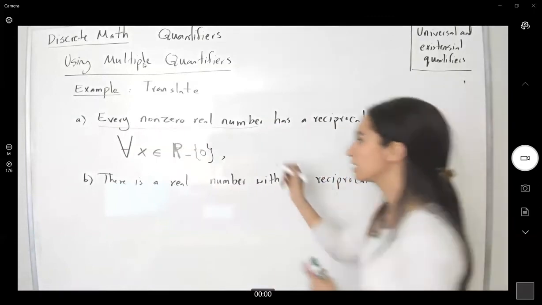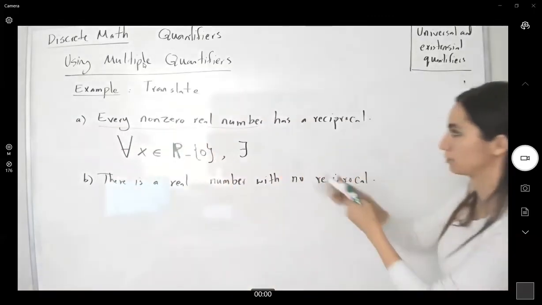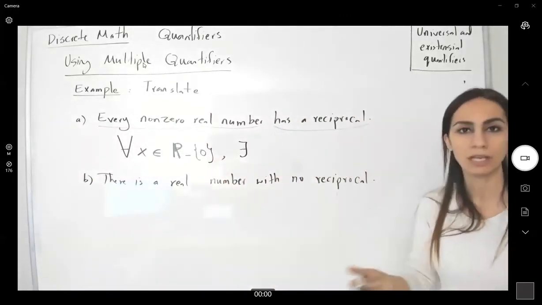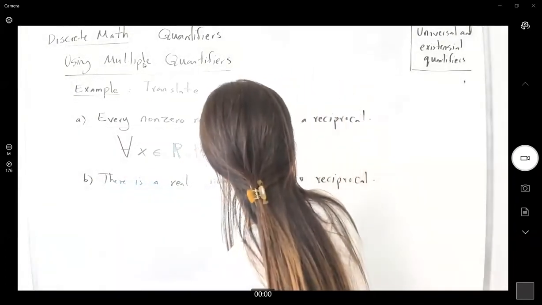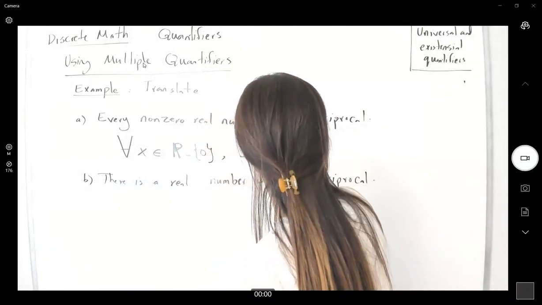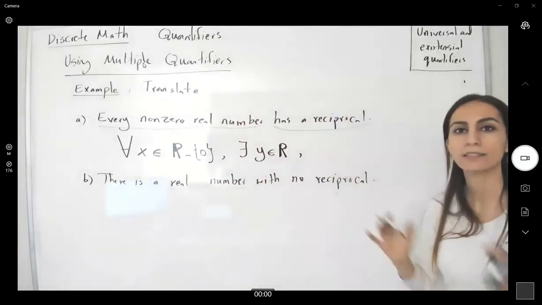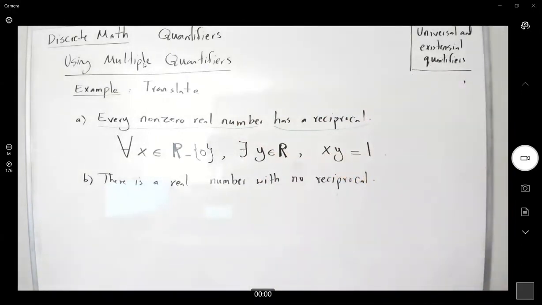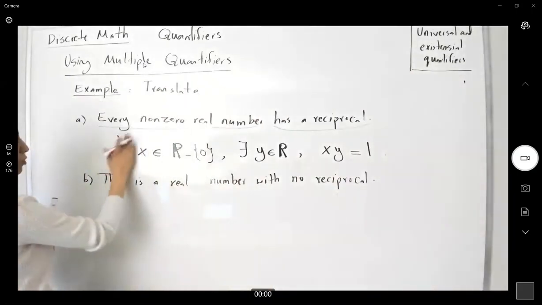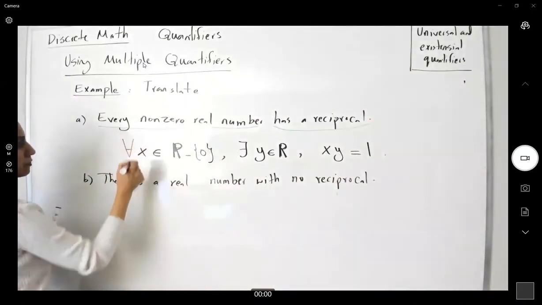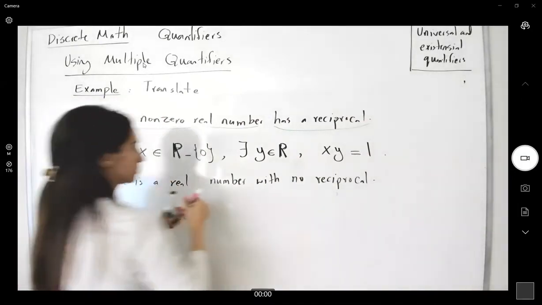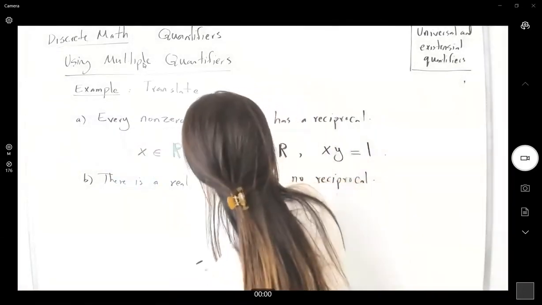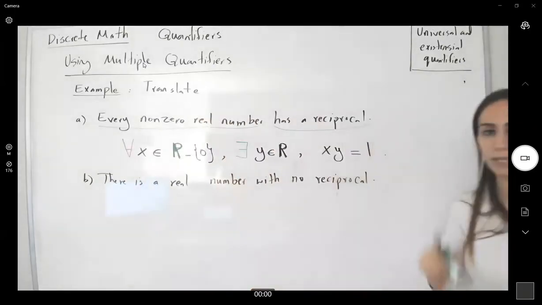There is, so I'm working with the second. There is a real number like y such that x times y is 1. So for every non-zero real number, there is another real number like y such that if you multiply them, the outcome is equal to 1.